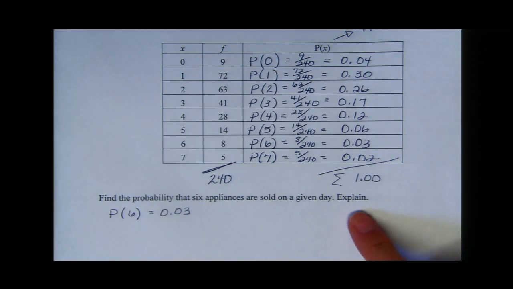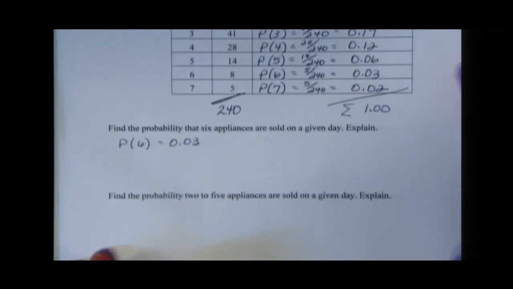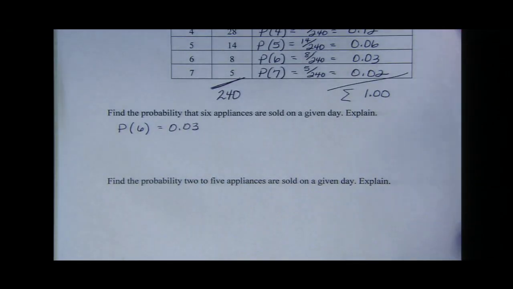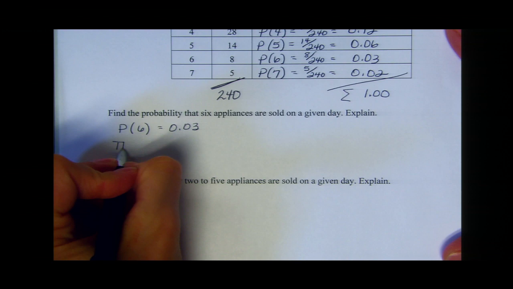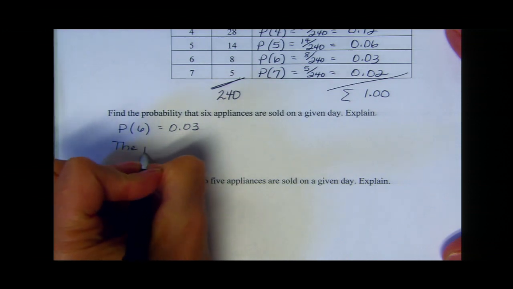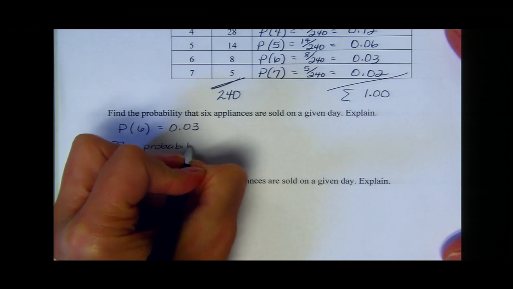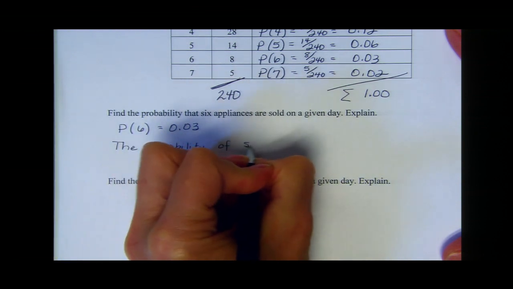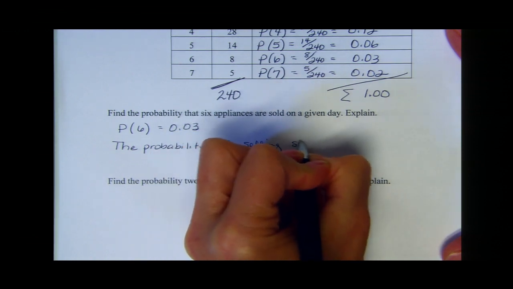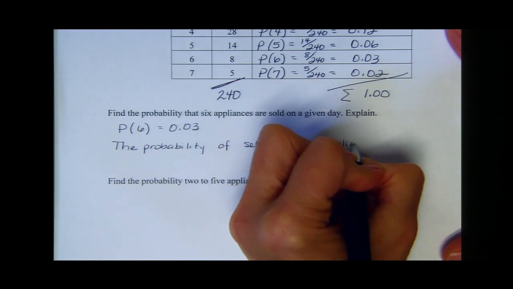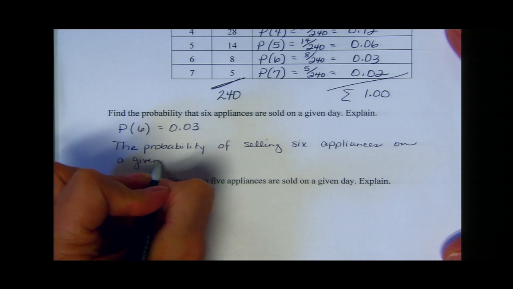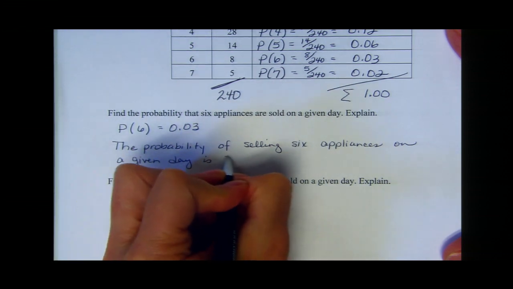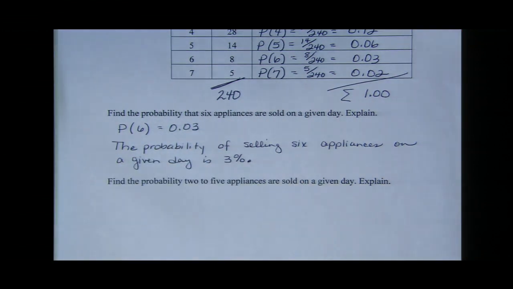So when it says explain, if I were to explain this, then I would state it in sentence form, and I would say the probability of selling 6 appliances on a given day is, and I'm going to go ahead and convert that into a percent when I do an explanation, just because people can relate to that a little bit easier.